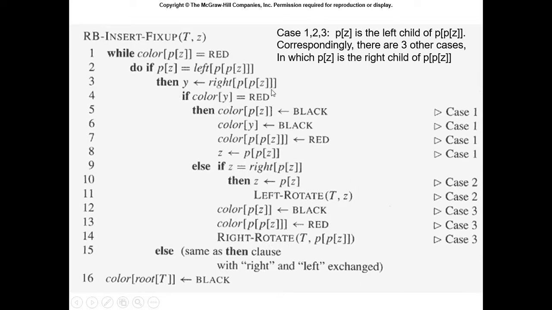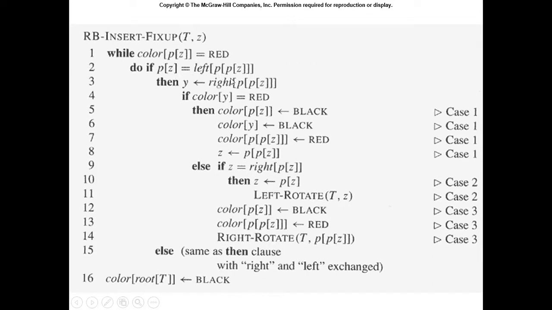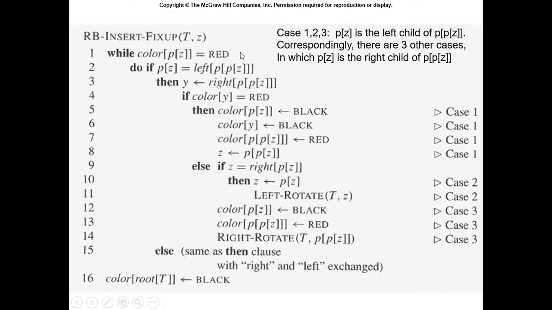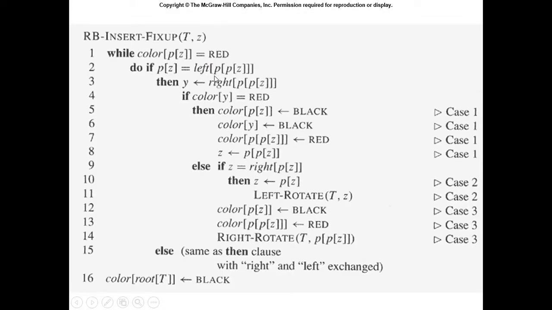Y is the uncle, the sibling of the parent, right? For your z, you're checking whether the color of parent of z is red, right? Until the color of parent of z is red, you have to repeat this. If parent of z is the left child of parent of parent of z, you can see here, parent of z is at the left of its parent, right?